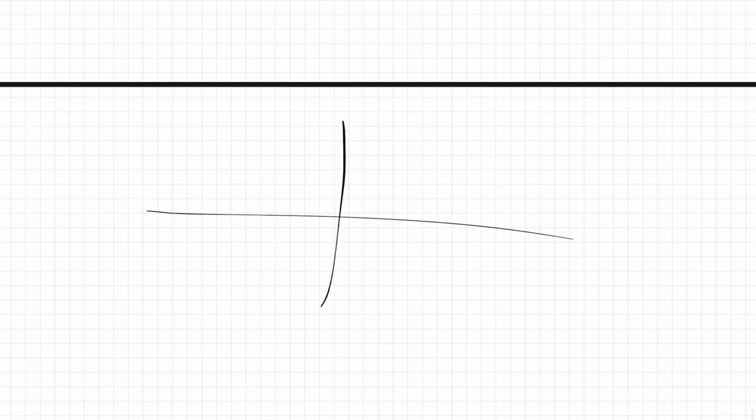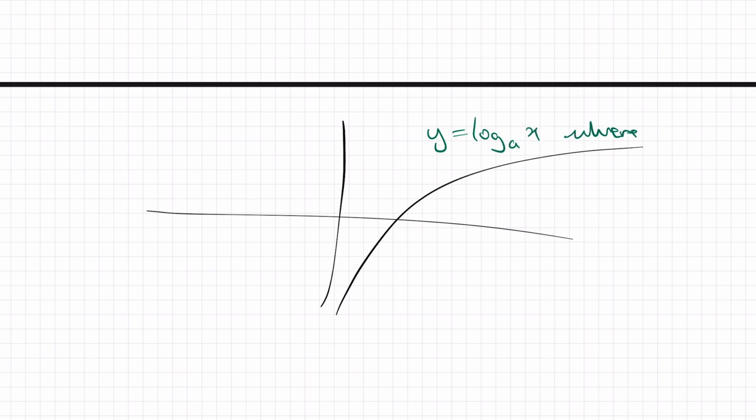So let's just say this is generally what the graph of any log looks like, y equals log base a of x, where a is greater than 1. If it was 1, it would only be defined when x was 1.